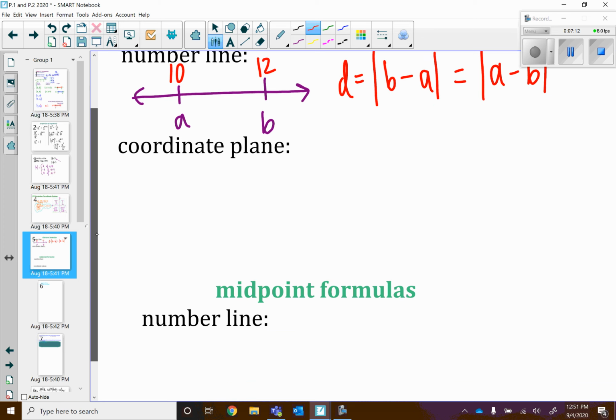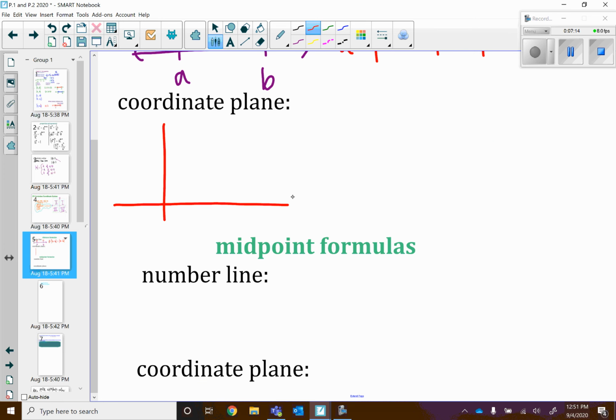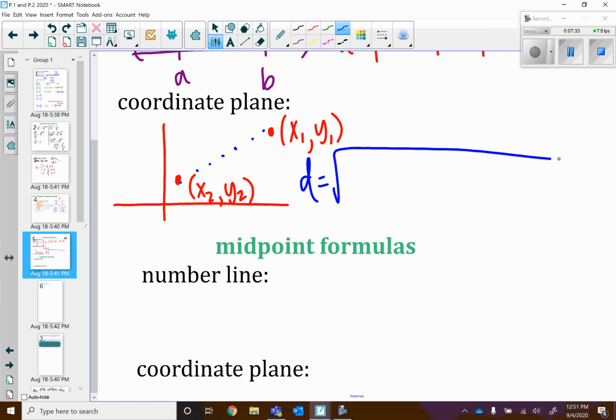On a coordinate plane, so that's looking on something like this, where we have 2 points, we'll say this is (x1, y1), and this is (x2, y2). If I'm looking for the distance between these two, I'm going to take the square root of (x2 minus x1) quantity squared, plus (y2 minus y1) quantity squared.